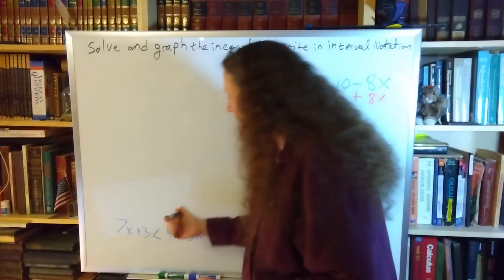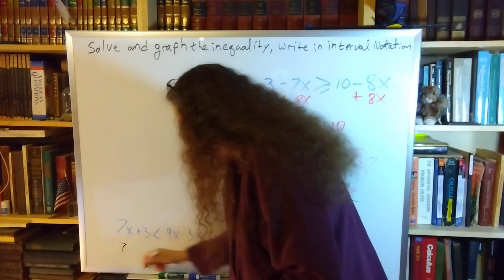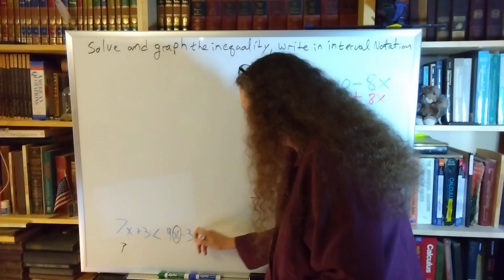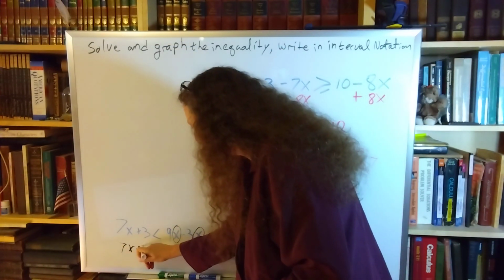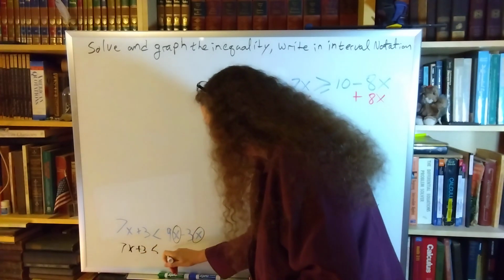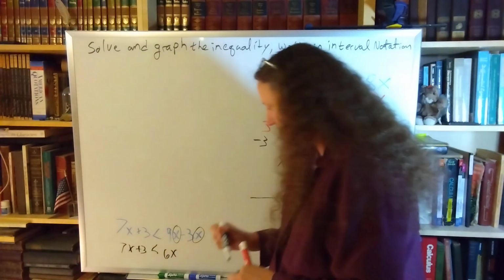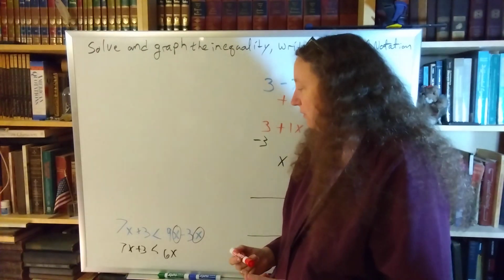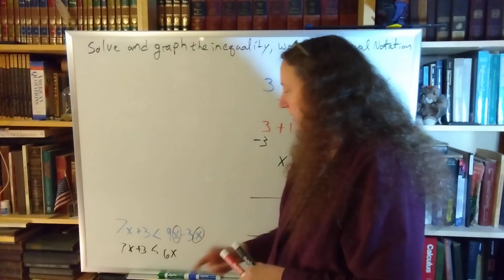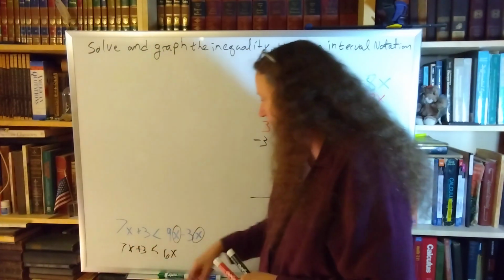Okay, so simplifying it, first thing I see is the two x's here and here, so I'm going to combine that. So I have 7x plus 3 is less than 6x. So the next thing to do, the obvious thing to do, is to subtract the 7x over.